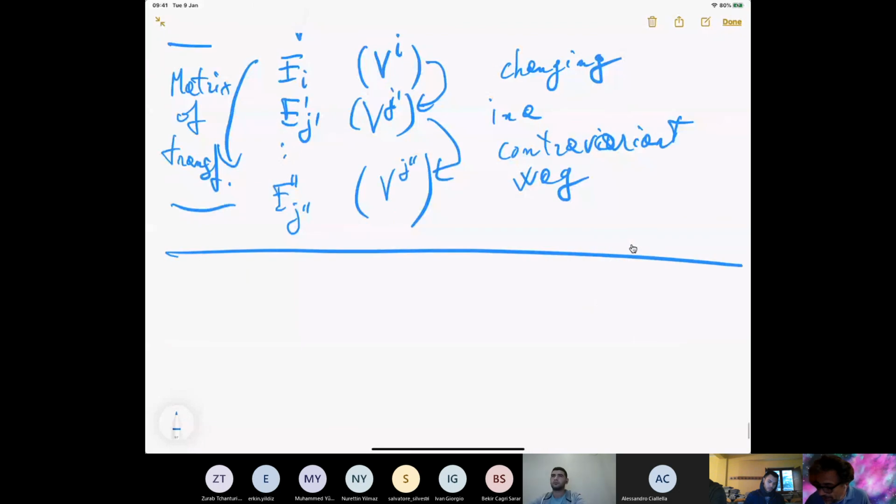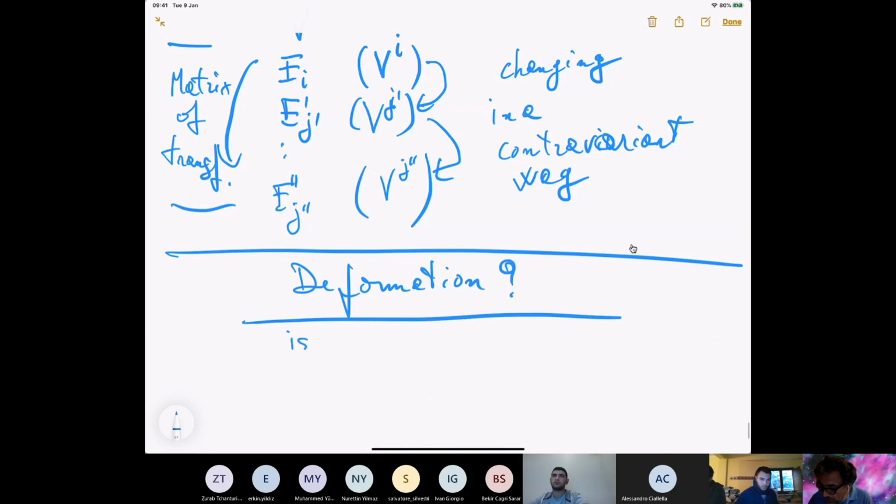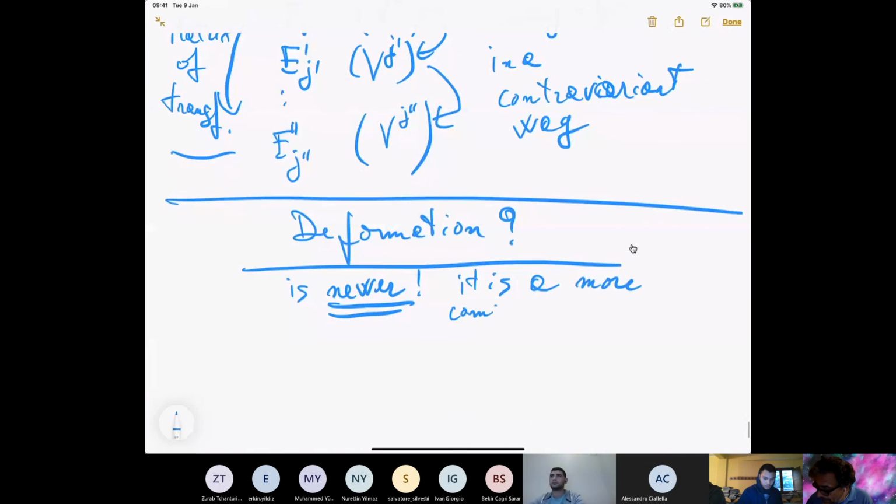Okay. Deformation is new, is newer. It is a more complex physical quantity than displacement.